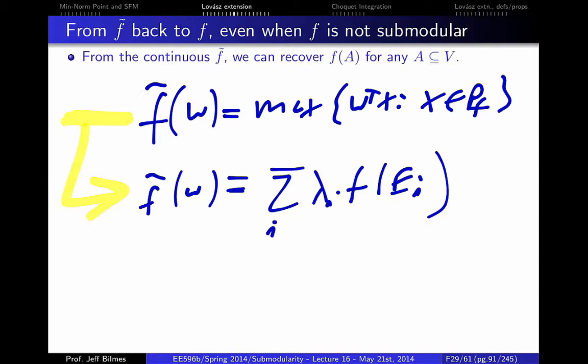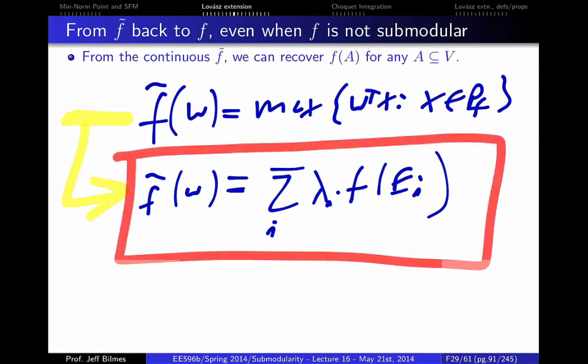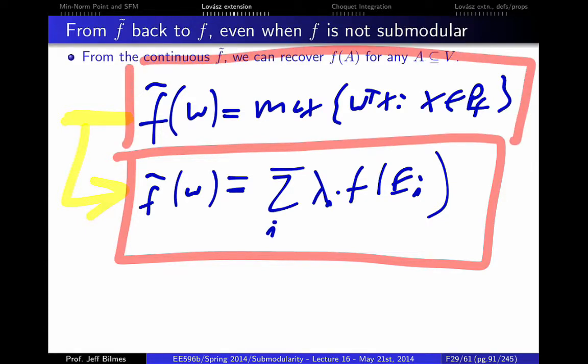Okay. Now, in general, we can define a function in this way even when f is not submodular. In fact, we can do either of these when they're not submodular. Now, the top one we know is always going to be convex. The bottom one, we can define for any non-submodular function.